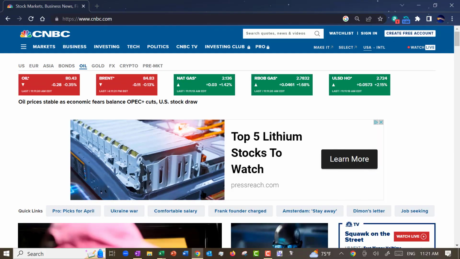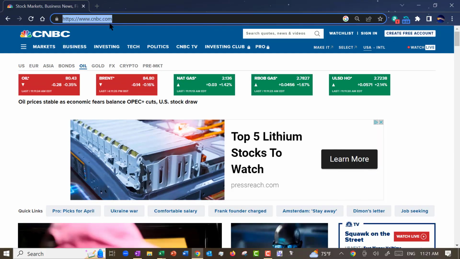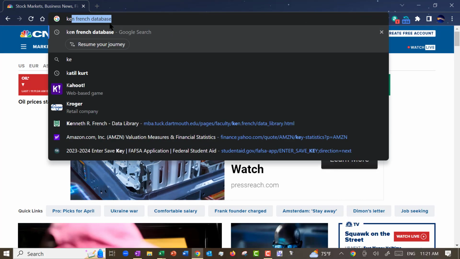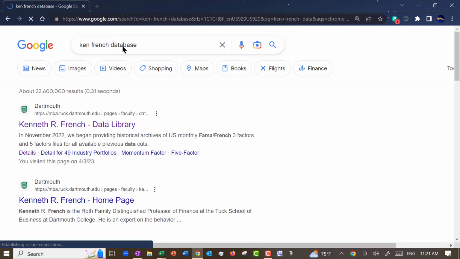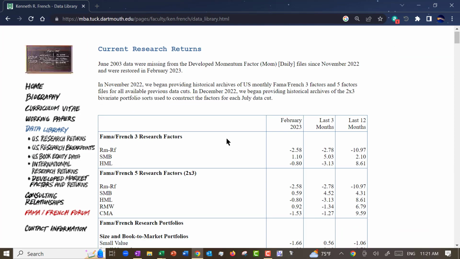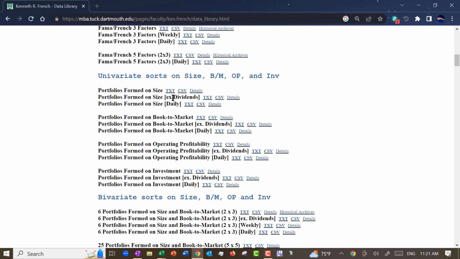For that purpose, let's go to the Fama-French database and get the portfolios formed on book to market.